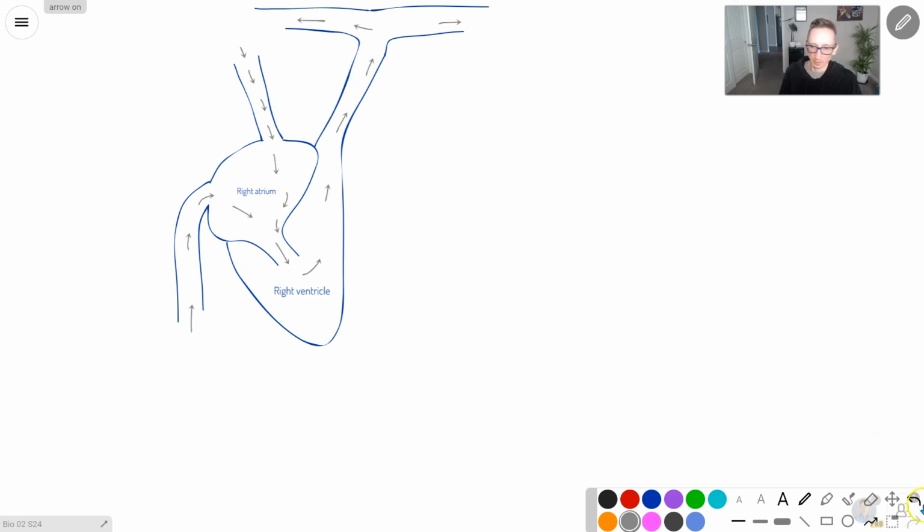I maybe don't want all these arrows; it's a little busy. Let me get rid of some of these. Makes sense so far.